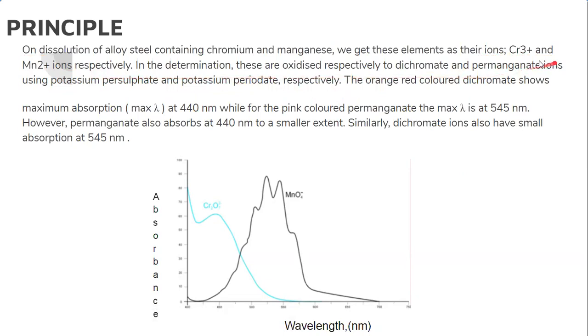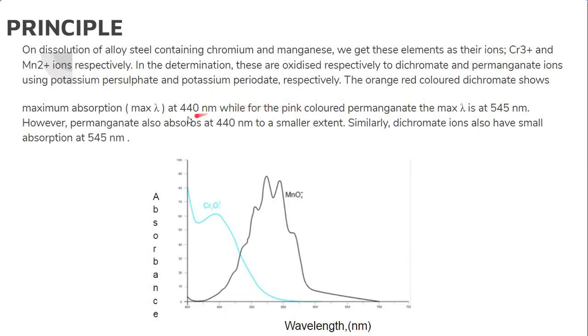Cr plus 6 imparts an orange-red colored solution, the dichromate, and it shows the maximum absorbance at 440 nanometers, while the Mn plus 7 ions impart a pink color to the permanganate solution, and the lambda maximum is around 545 nanometers, where this pink solution shows the maximum absorbance.